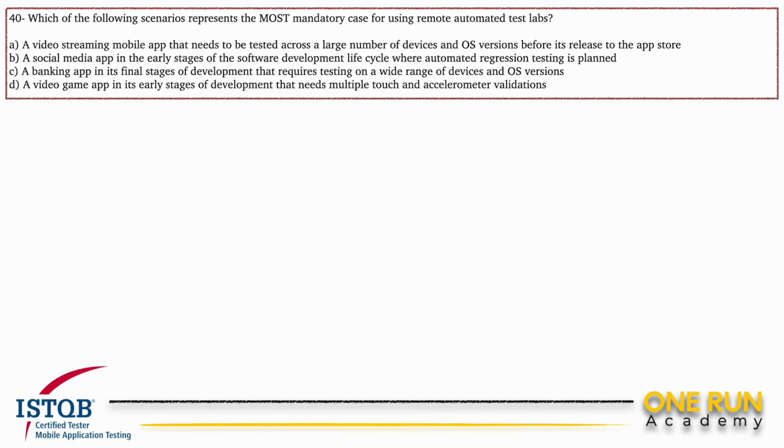B. A social media app in the early stages of the software development lifecycle, where automated regression testing is planned. C. A banking app in its final stages of development that requires testing on a wide range of devices and OS versions. D. A video game app in its early stages of development that needs multiple touch and accelerometer validations.